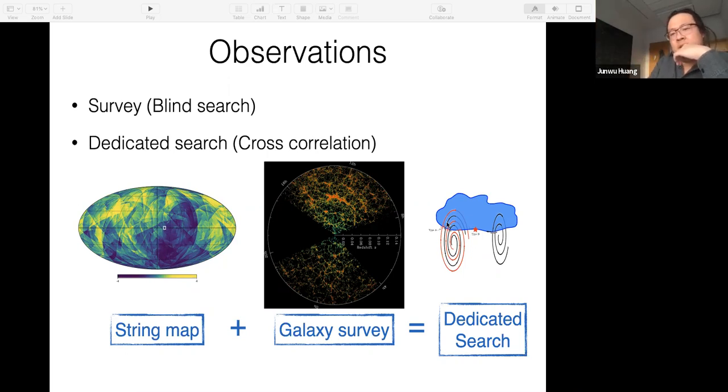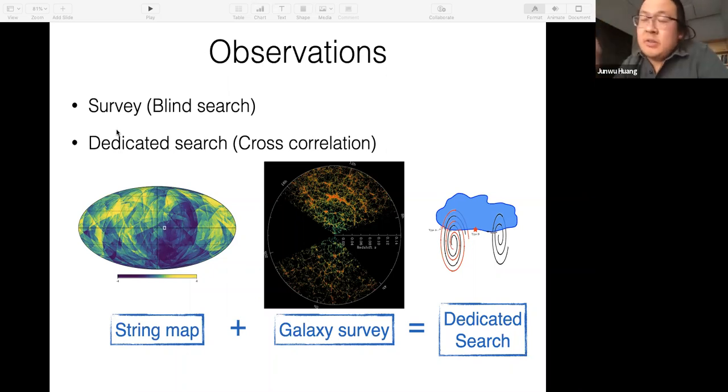The ones inside the galaxy you pretty much cannot see with a blind search. There is also the possibility of a dedicated search, and that requires us to do some cross correlation. The thing that makes that possible is that light always travels at the speed of light.